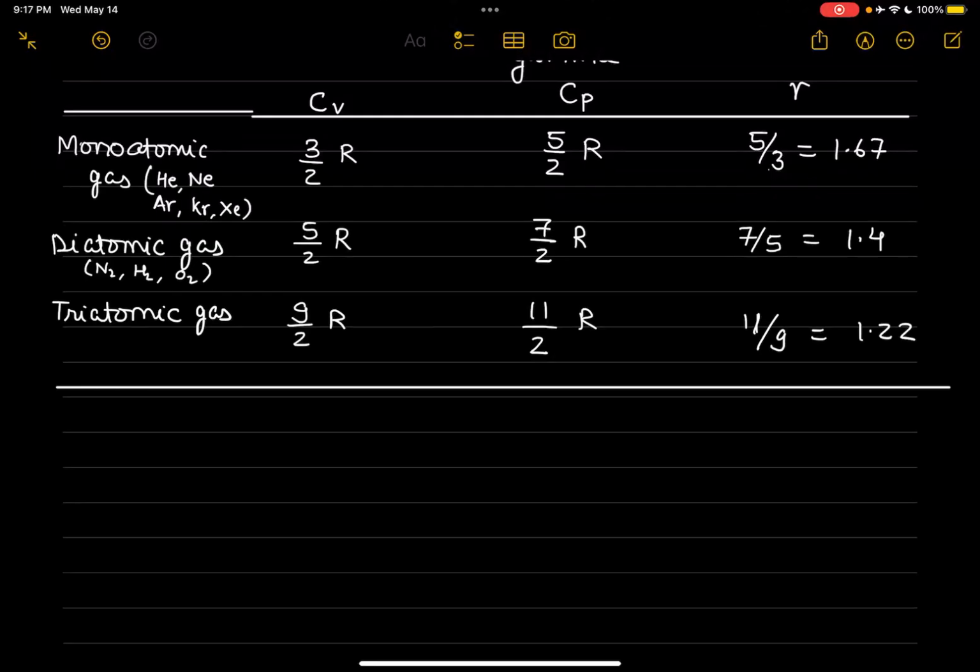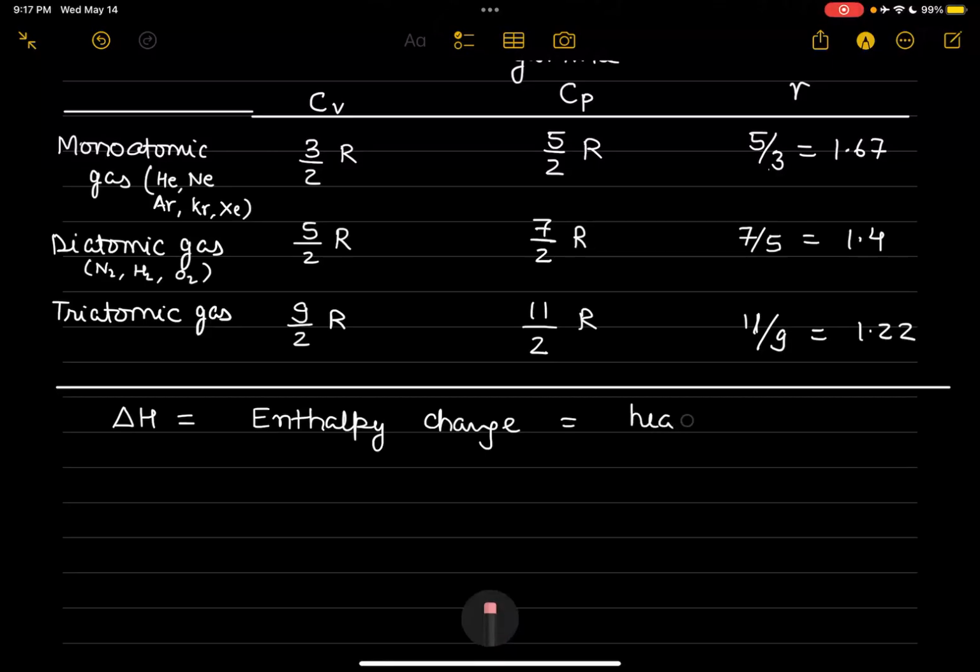So let me move on to the next part, the delta H value. What is delta H? Change in enthalpy, or in simple language, heat change.